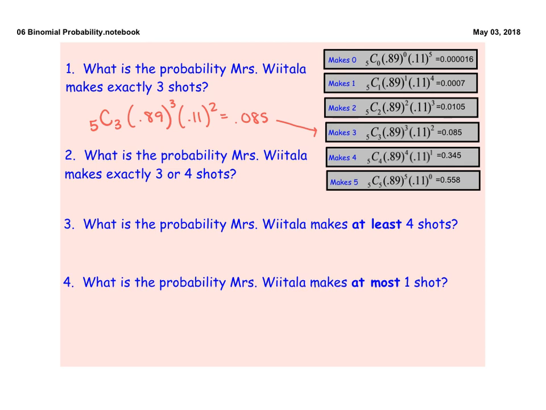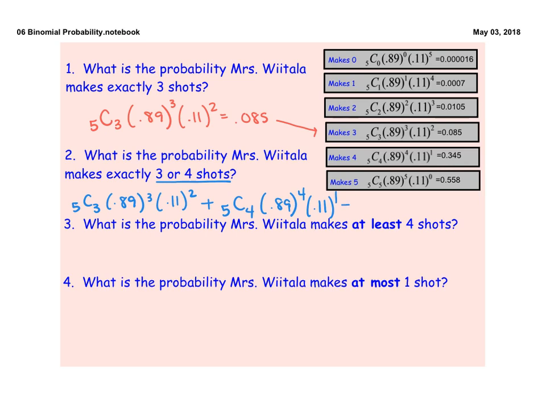But now they're going to change it up on us, and it wants to say, what's the probability she makes 3 or 4 shots? That means I have 2 situations. I could make 3, and it would be the same setup as the problem above, or, which means I'm going to add, I could make 4 shots. And if I make 4 shots, it changes the exponent on here to be a 4 and the exponent on here to be a 1.